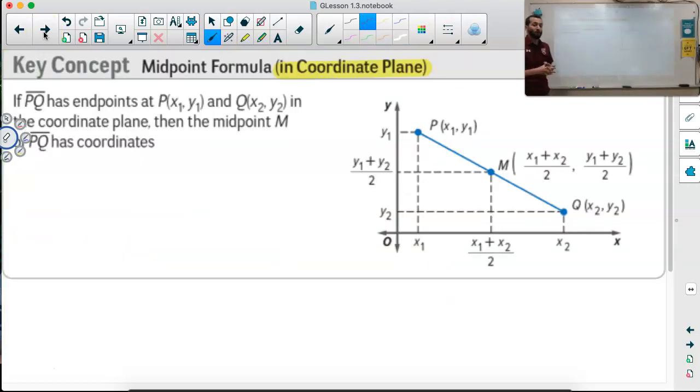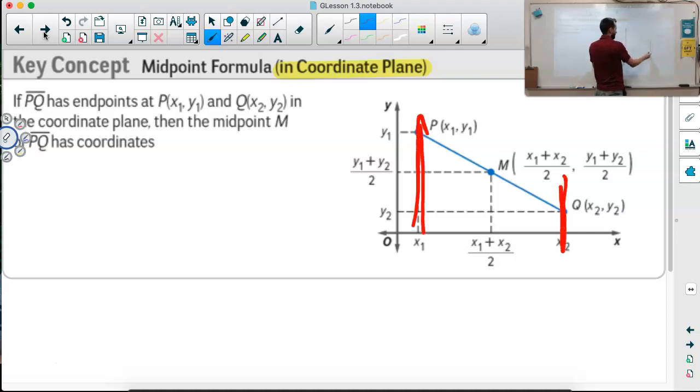All right, now on a graph, the midpoint formula. There's a lot going on here, but it's very simple. Think of it this way: on a graph, we always have an ordered pair, an x and a y. What they're really doing is looking at the x-coordinate, which tells you left and right, and figuring out where the midpoint of that is, which would be this location here.